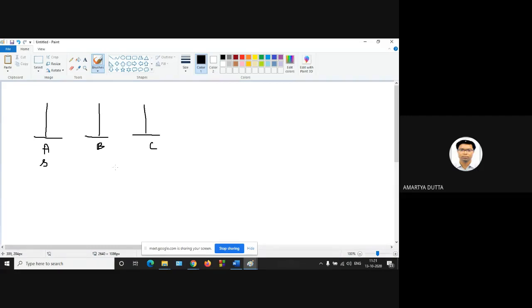This is the destination tower, and this is the auxiliary tower. Now in the source tower, there are n number of disks. Let the value of n here be 3.